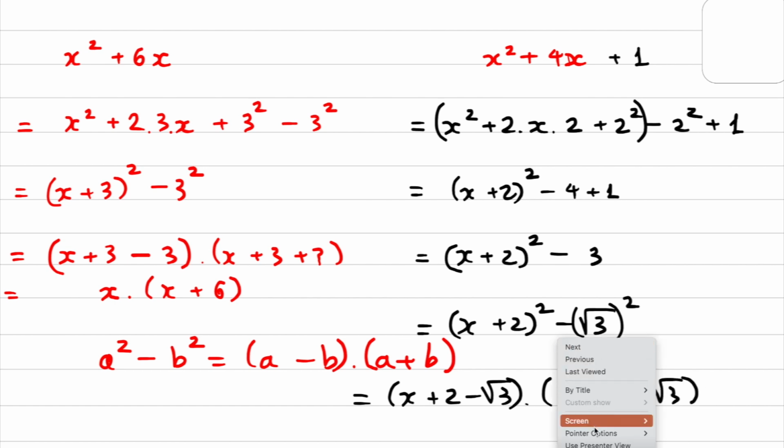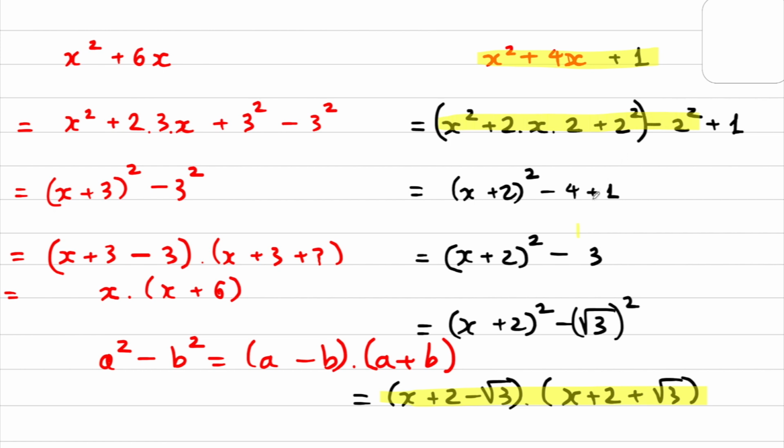That's it. So you can see that from a three-term expression, a quadratic, you can factorize using completing the square. How much knowledge do you need to master before you work with this question? The first one, you have to understand completing the square.